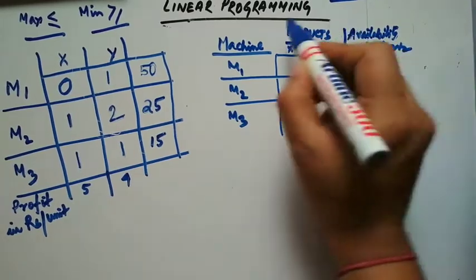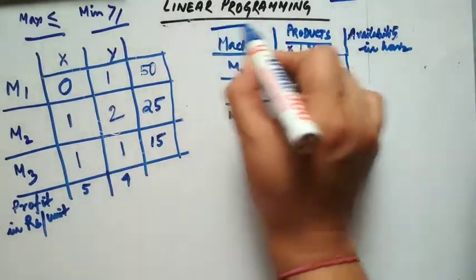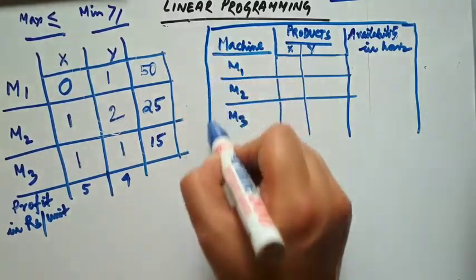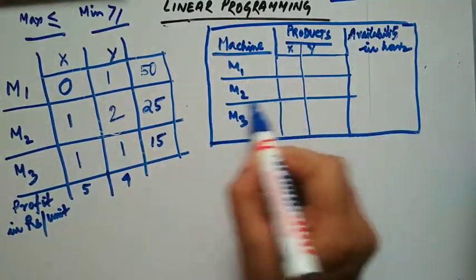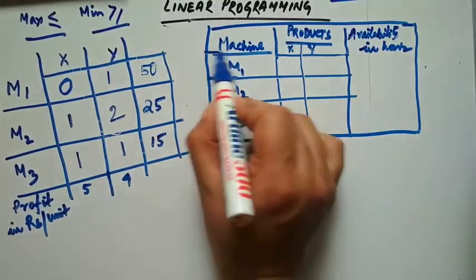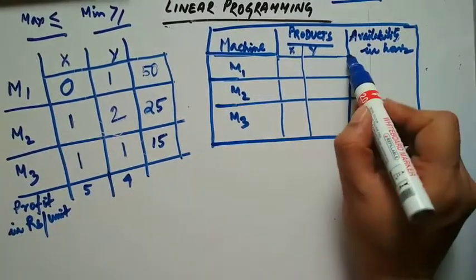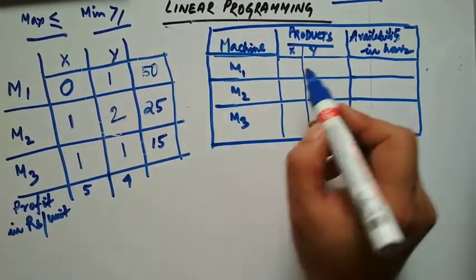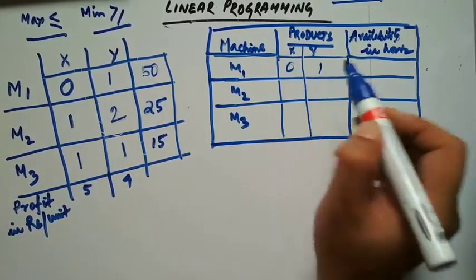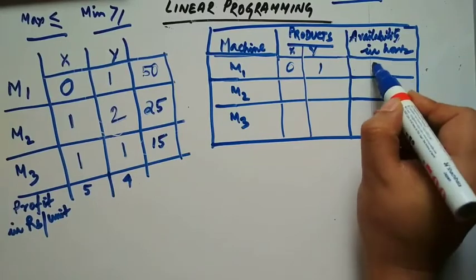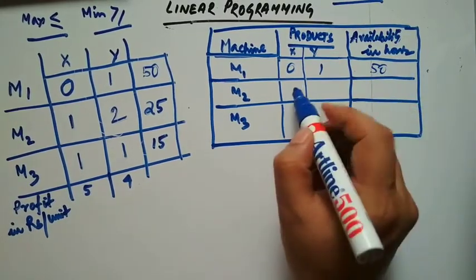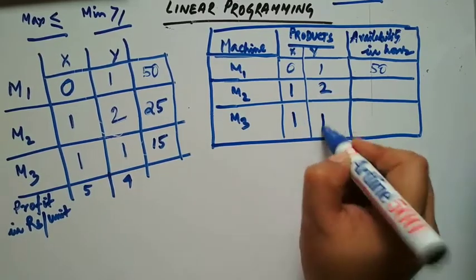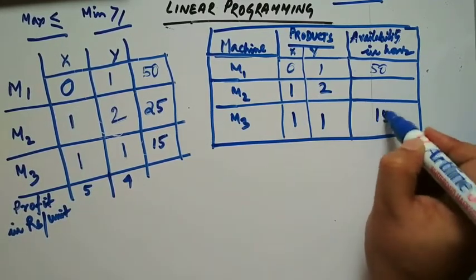This is a more prescribed manner, you can say. The same thing I am writing over here. So now you have already formed the LPP. So just write it down. Say 0, 1. This one is 50. So this is 1, this is 2, this is 1, this is 1, this is 15, and this is 25.